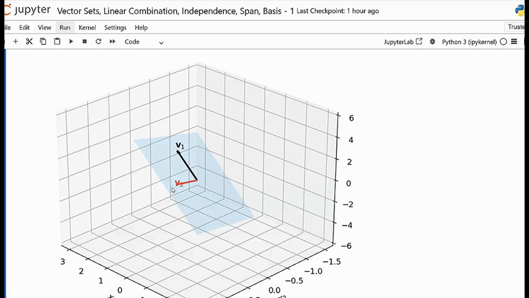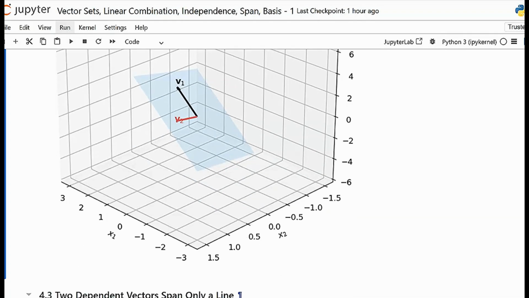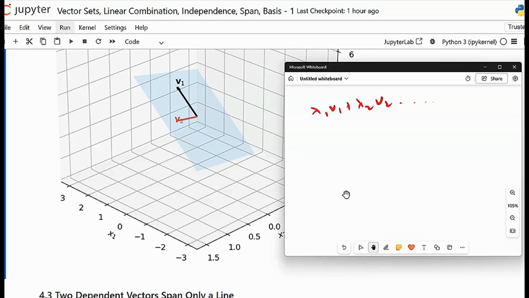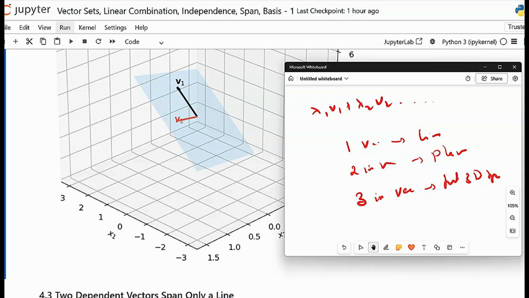This is exactly what PCA detects. Shortly, one vector is like a line. With two independent vectors, of course, it is a plane. And if we go with three independent vectors, of course, it is the full 3D space.